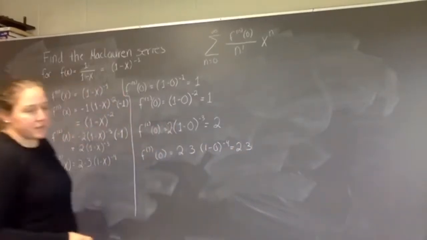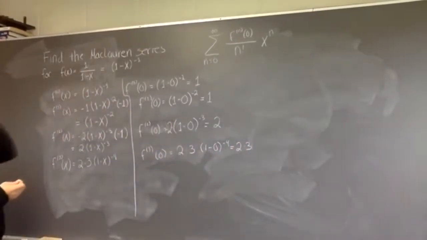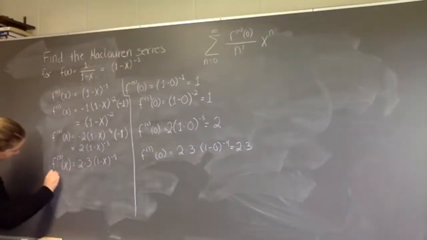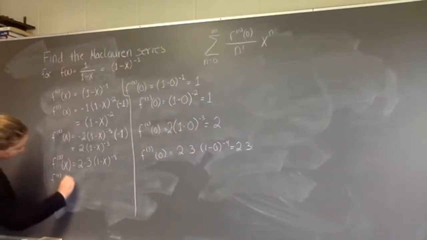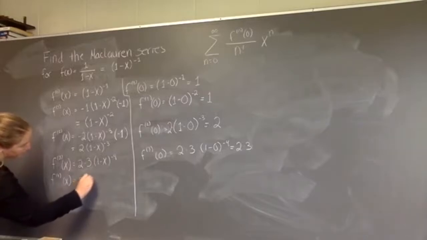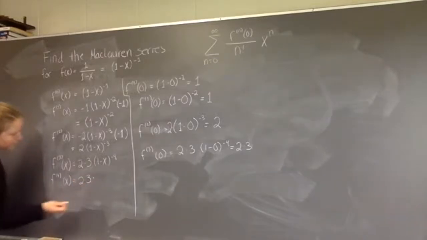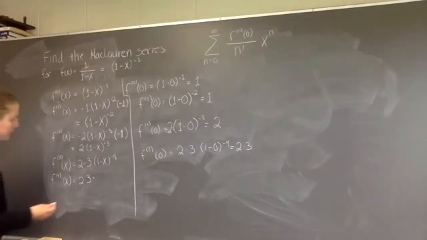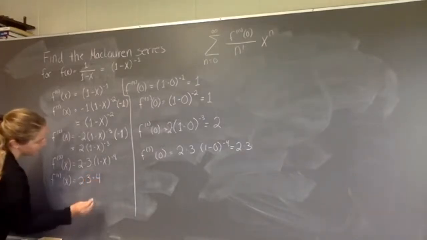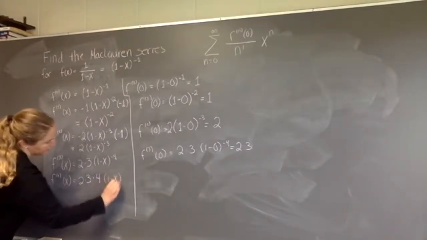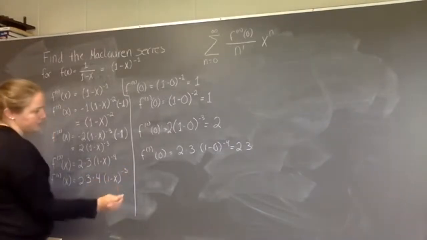We'll do one more derivative and then hopefully the pattern will be clear when I explain it. So the fourth derivative, we have 2, we have 3, we have negative 4, but again, when we apply the chain rule, that gets multiplied by a negative 1. So 2 times 3 times 4 times 1 minus x to the negative 5.